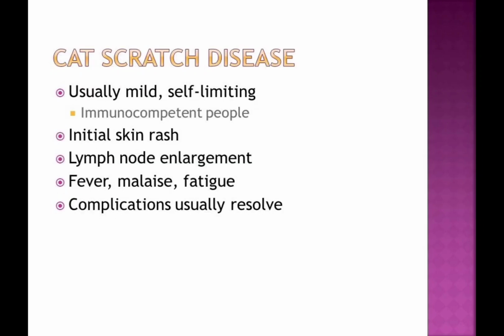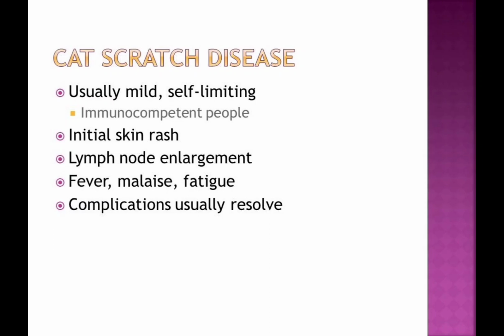In immunocompetent people, Bartonella henselae causes cat scratch disease, a mild to severe self-limiting infection in humans. The initial skin rash, seen in 25 to 90% of the patients, consists of one or more small erythematous papules, pustules, macules, vesicles, or ulcers at the site of inoculation.